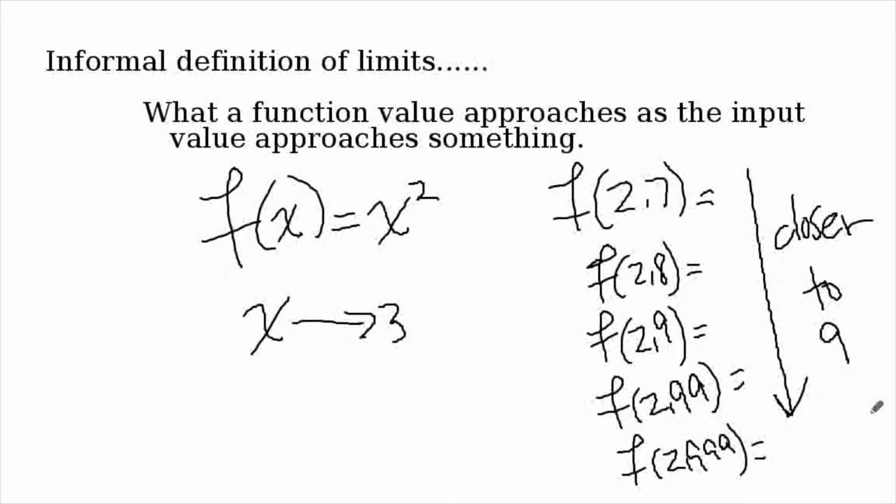And 2.7 gives something close to 9, but not as close as 8.99. I don't know what the exact decimals are, but you can see for yourself with a calculator. So as the input gets closer to 3, the function value gets closer to 9, so we say that the limit as x approaches 3 is 9.